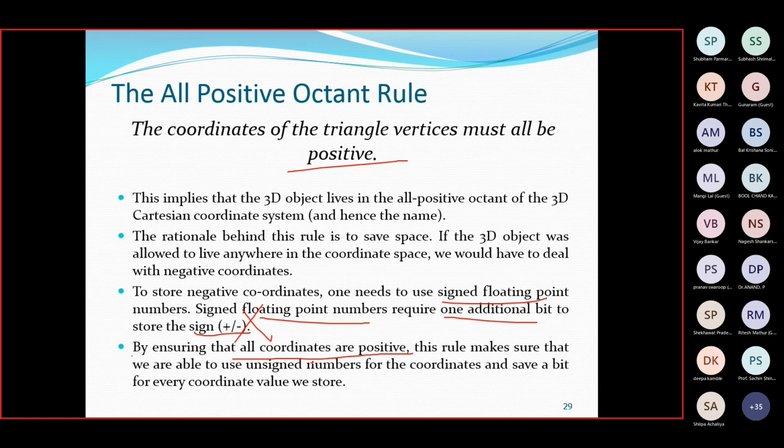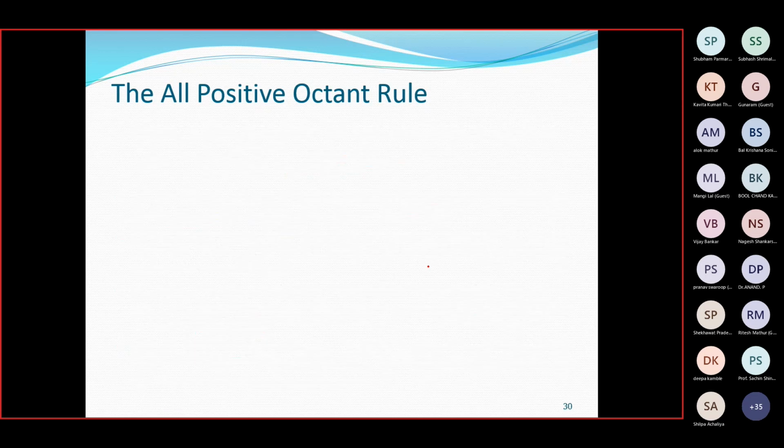And remember, the 3D Cartesian coordinate system, which I sometimes call the right hand Cartesian coordinate system, itself has all the points as positive. So by default, if you are using the 3D Cartesian coordinate system or right hand Cartesian coordinate system, you are providing all positive coordinates itself.